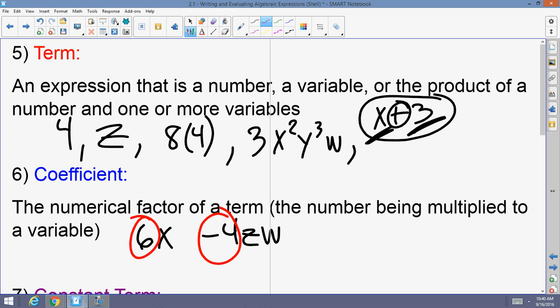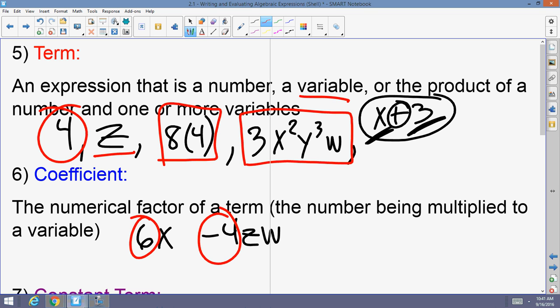A term is any number, like 4, any variable, like z, any product of numbers, like 8 times 4, or any product of numbers and variables, like 3 times x squared times y cubed times w. Those are all being multiplied. No, I did not say it could be anything.